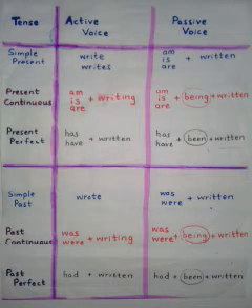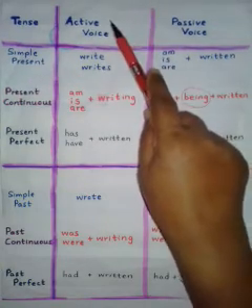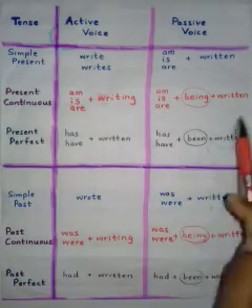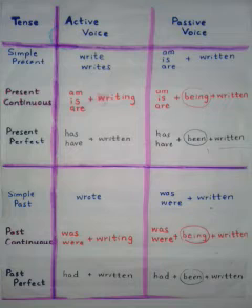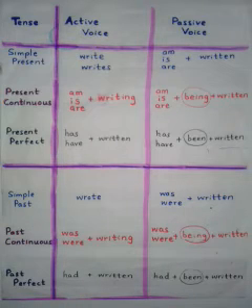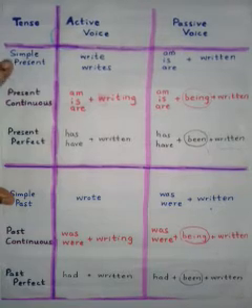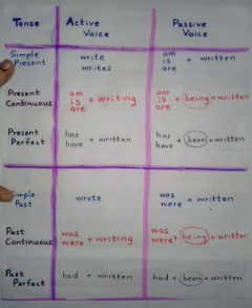Now students, look at this chart. I told you previously, you must have a clear knowledge of tenses or the active voice before studying the passive voice. I have put here only the verbs because we identify the tense by looking at the verb. For active voice, let's look at these two simple tenses, simple present and simple past.